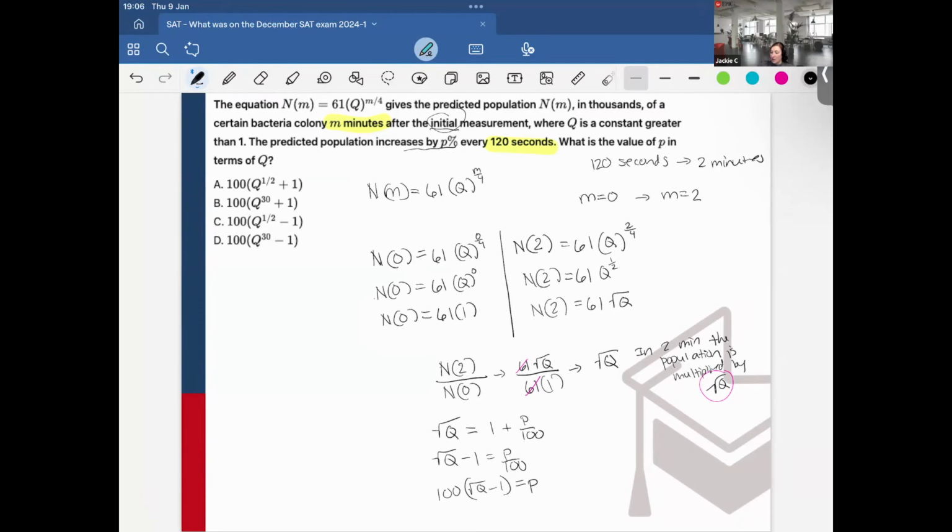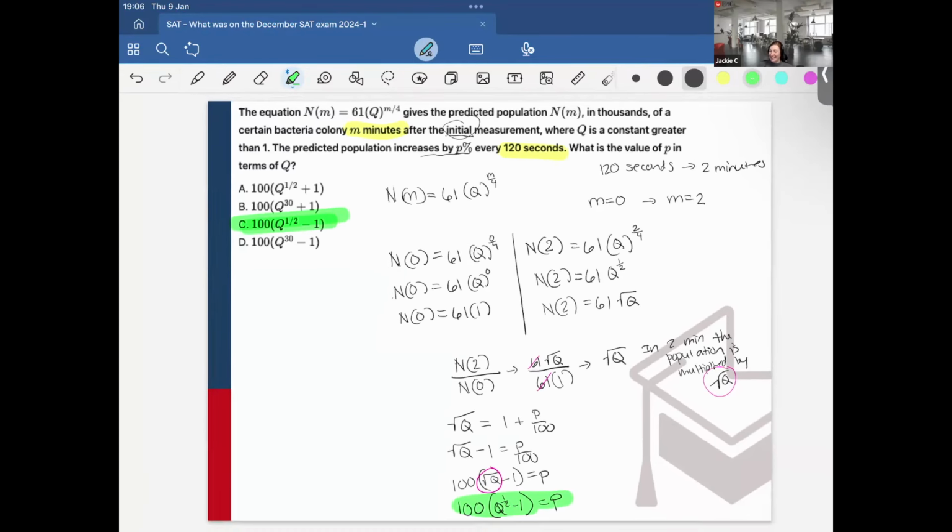And you might be thinking, oh, but that's not an answer choice. But remember, the square root of q is the same as q to the 1/2. So it's 100 times q to the 1/2 minus 1 equals p. And this is amazing because it correlates directly with my answer. So therefore, choice C. Oh my goodness, wasn't it amazing?